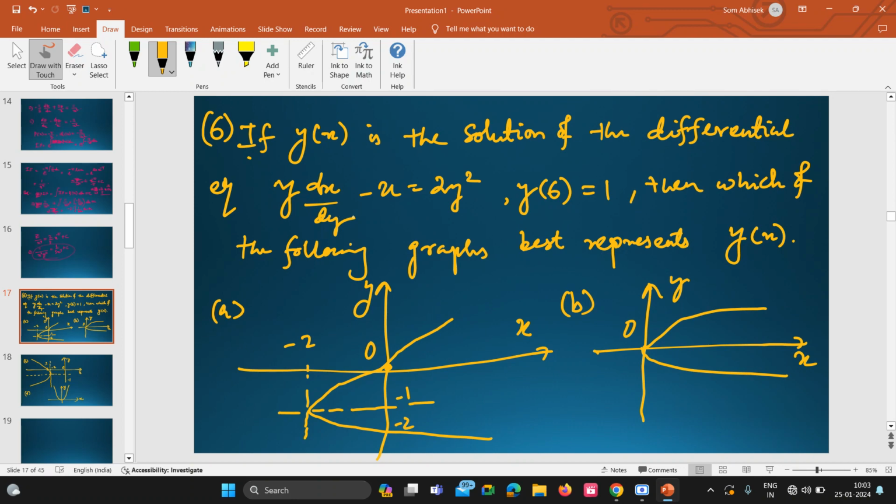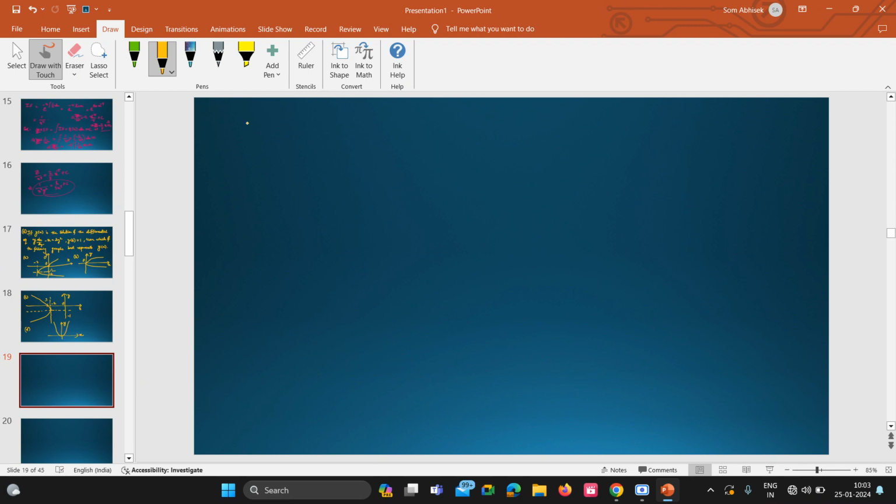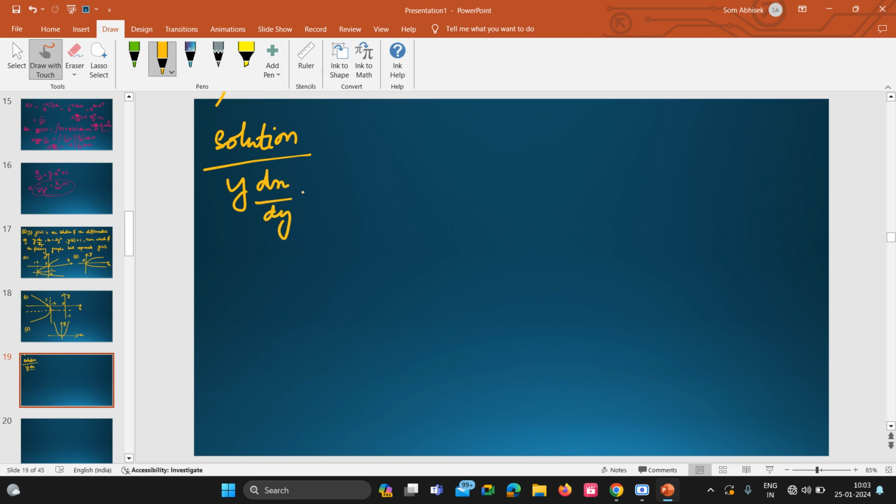Okay, so first we will solve this equation, isn't it? Yeah, let's solve the equation. So y dx by dy minus x is equal to 2y square.